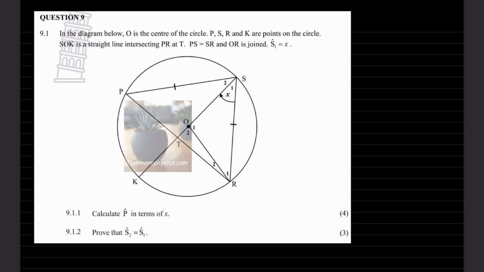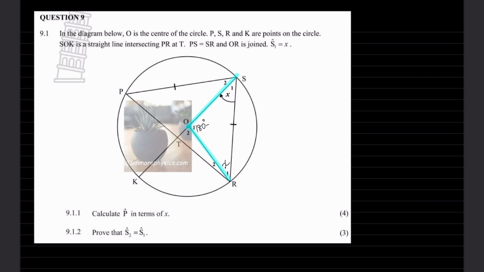So to solve this, I'm going to start by drawing just these lines here that represent the radii. Now, since OR and SR are radii, they are equal in length, which means that this triangle is going to be an isosceles triangle. That makes R1 X. Now we can use some angles in the triangle to solve for O1.